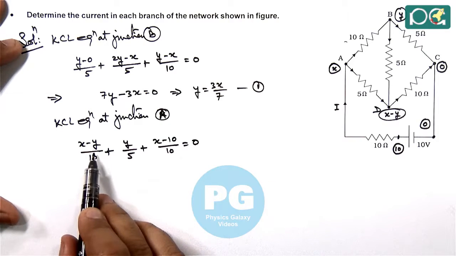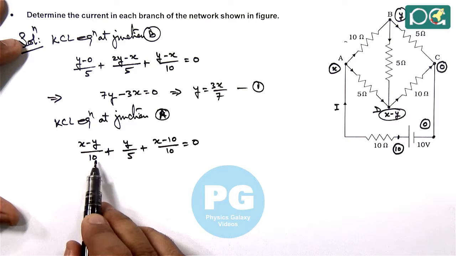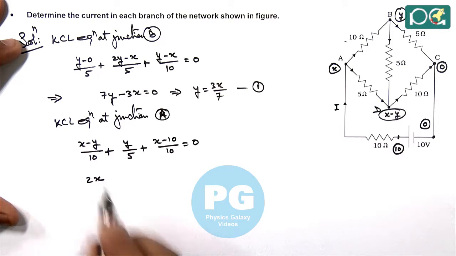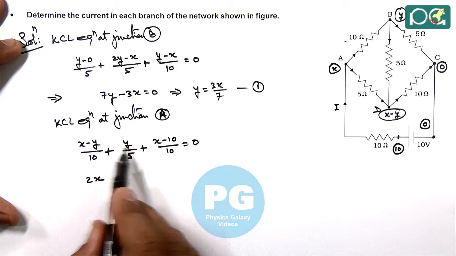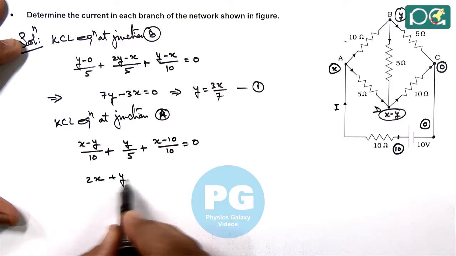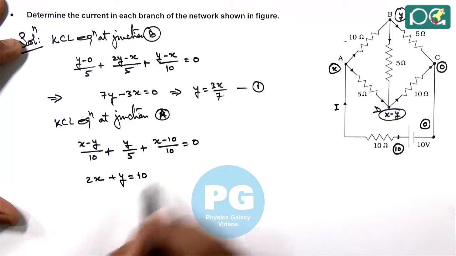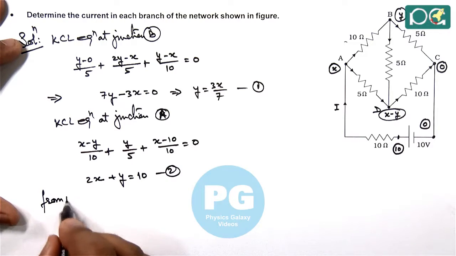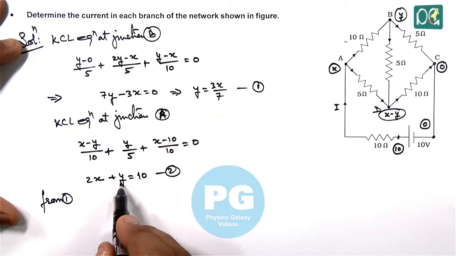Simplifying this equation gives us 2X plus 2y minus y plus y is equal to 10. This is equation 2, and now from equation 1 we can substitute the value of y.